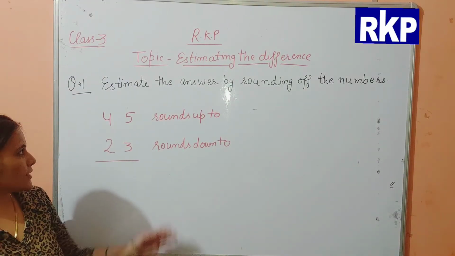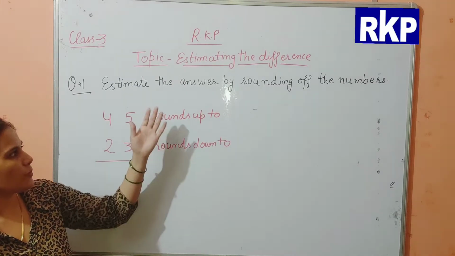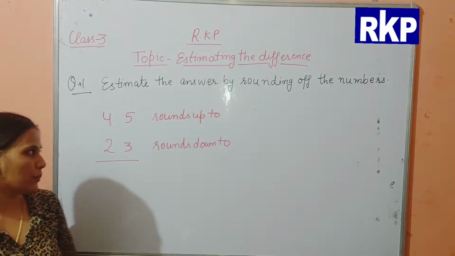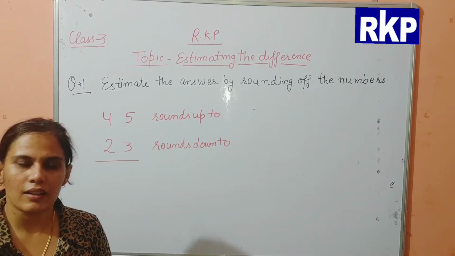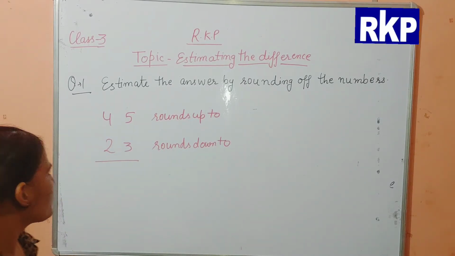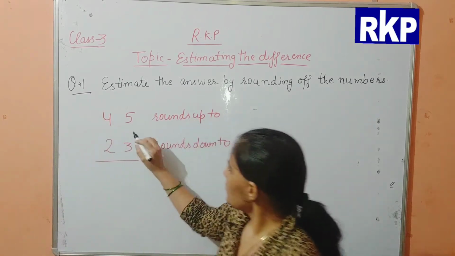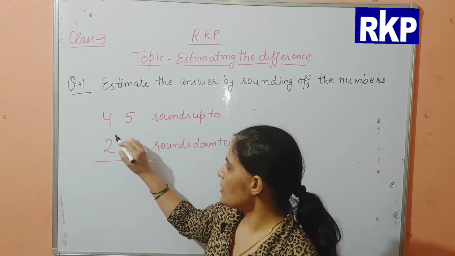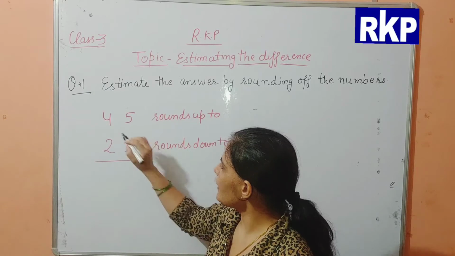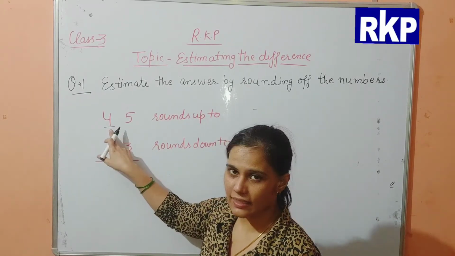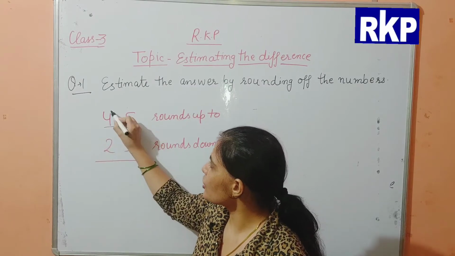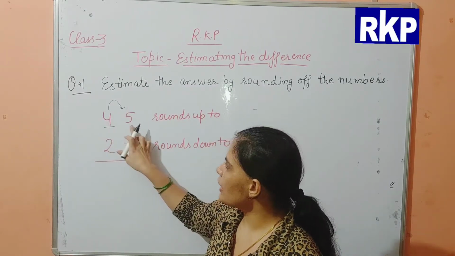So students, this is our first question, that is, estimate the difference by rounding the numbers. First of all you have to round off these numbers and then find the difference. How will you do that? First of all underline the tens place and see the digit to the right of the tens place.